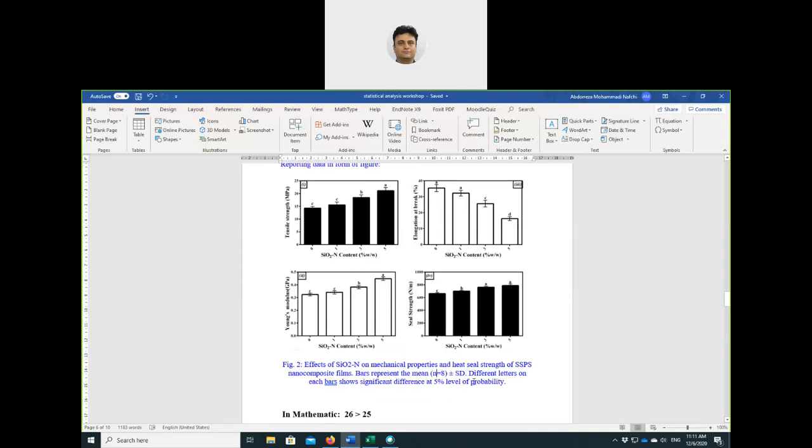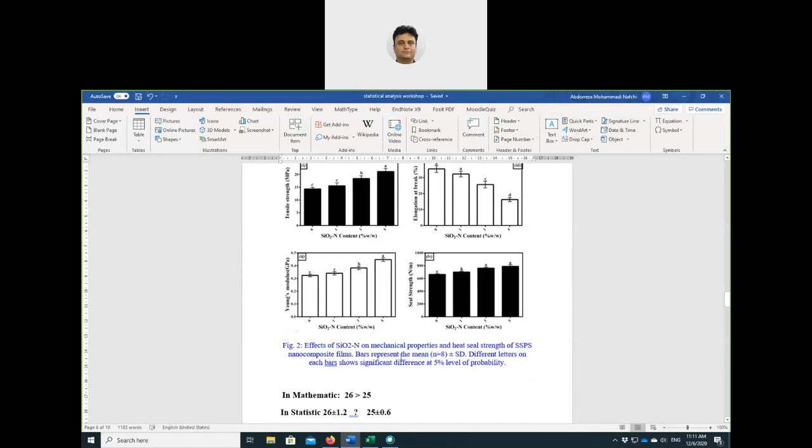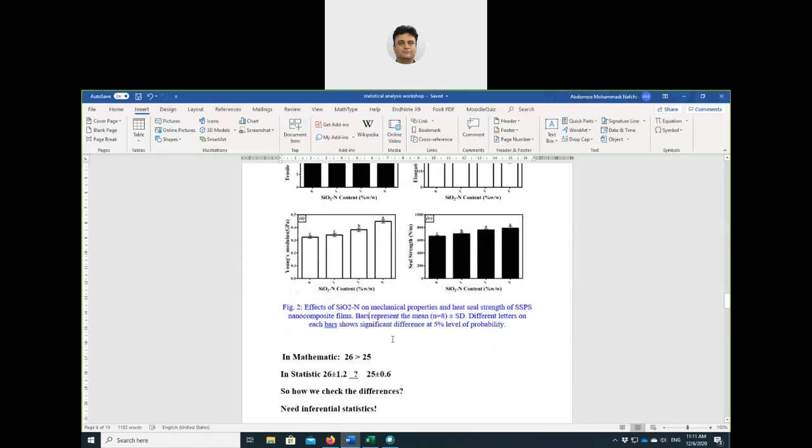So here is the first part, our descriptive statistic. Now, going to the second part, the inferential statistics.